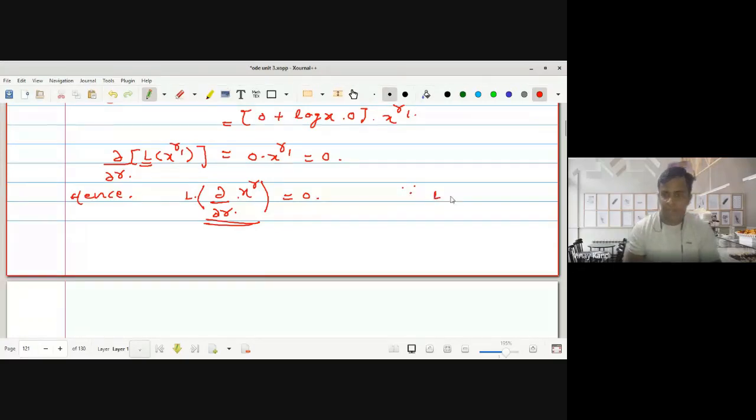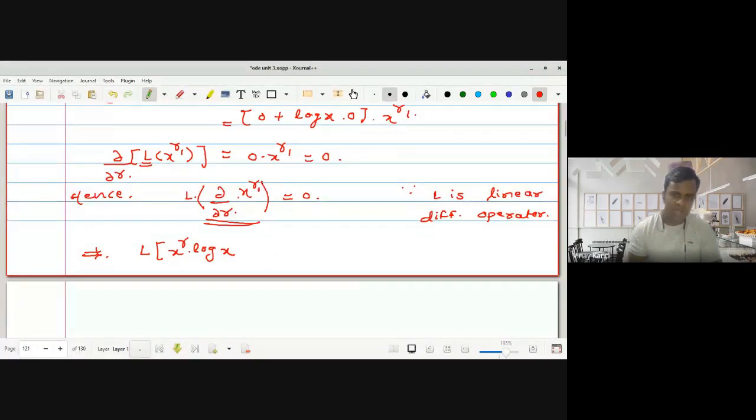L is a linear differential operator. That implies L of dou by dou r of x raised to r. What is the derivative of this one? x raised to r into log x.